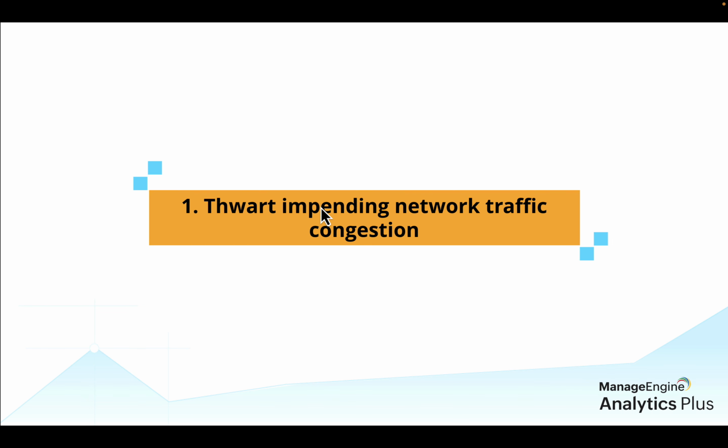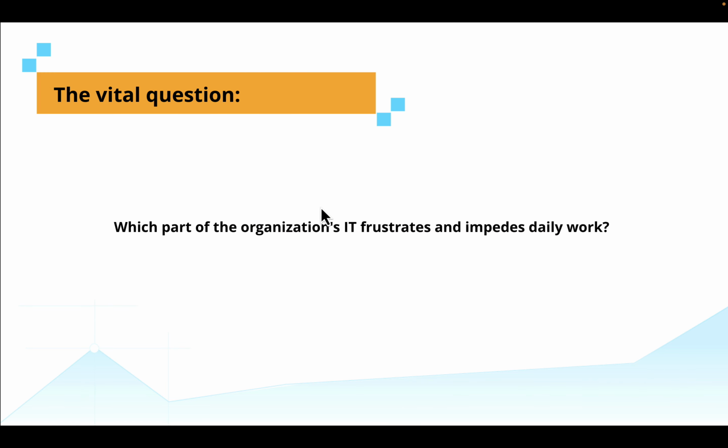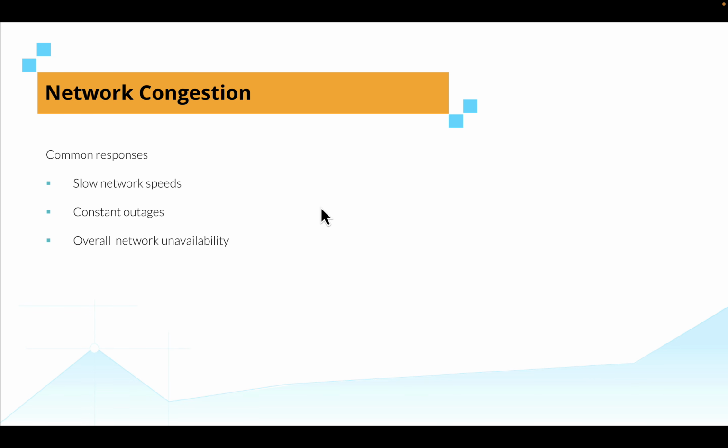So towards this, we will first look at how to prevent network traffic congestion through proactive monitoring. If you were to ask your employees which part of your organization's IT frustrates you most and impedes you from getting your daily work done, the clear frontrunner among the responses would be issues with the network, which includes slow speeds, constant outages, and overall unavailability.